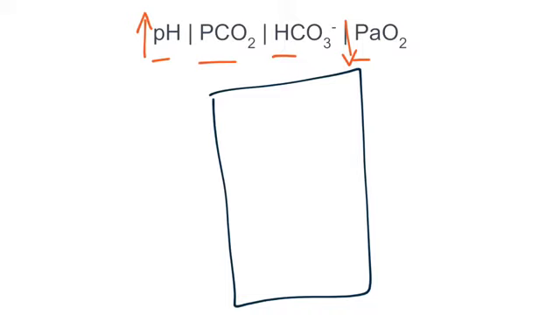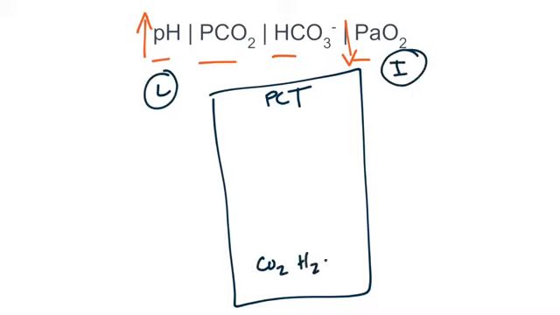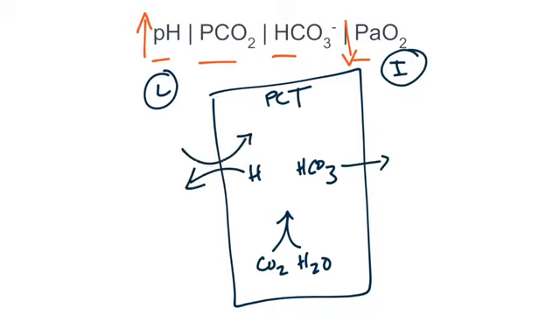Again, this is the proximal convoluted tubule. This is the lumen of the nephron. This is the interstitium. Carbon dioxide and water react to form bicarbonate and acid. The bicarbonate is reabsorbed and the acid is secreted.